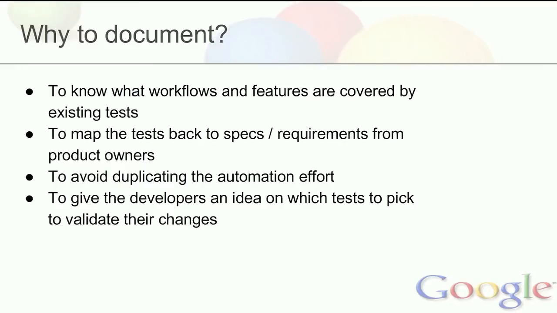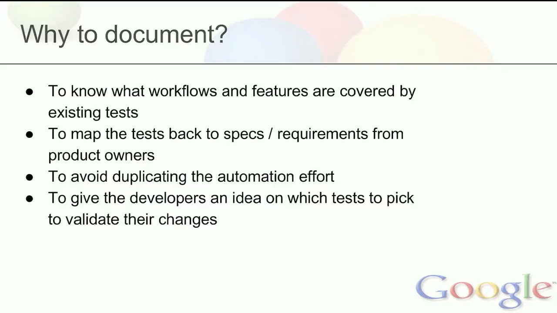So in the discussion, what came up? The first thing is, why should we even think about documenting the coverage? Some of the questions were that we want to know what workflows and features are already covered by the automation tests that we have.